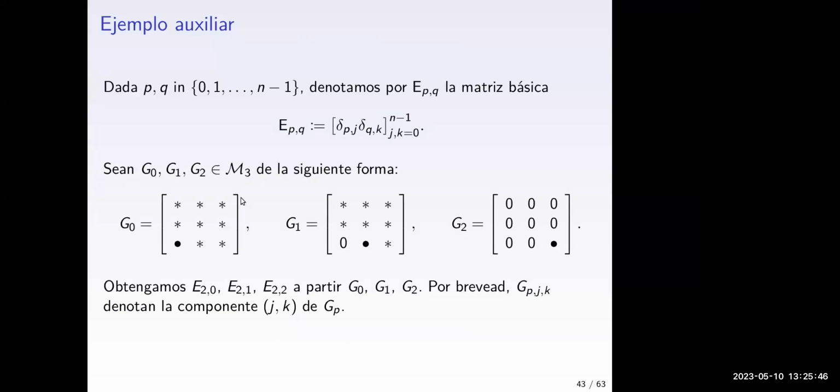As you can see, we will have just this last row, because we're multiplying this basic matrix E22 on the left. Every element will be 0, but the last row will remain the same.